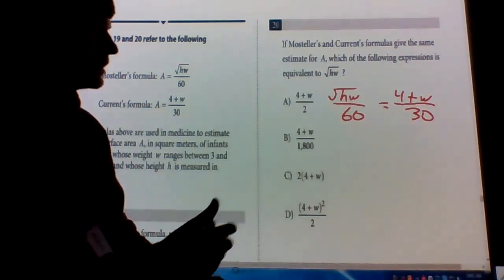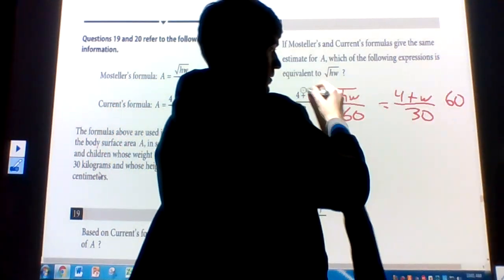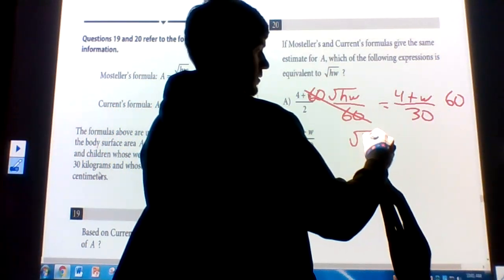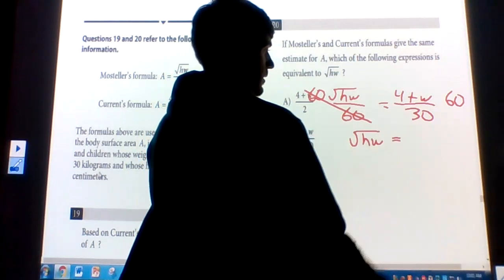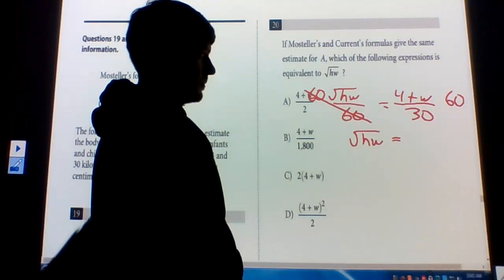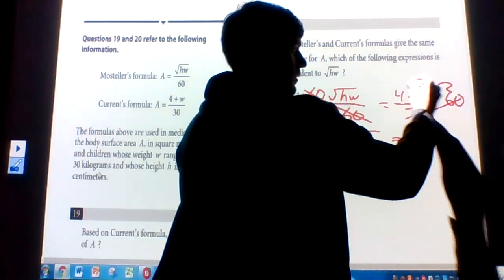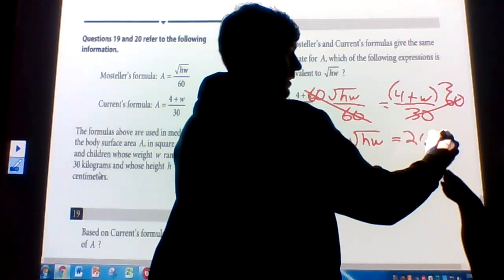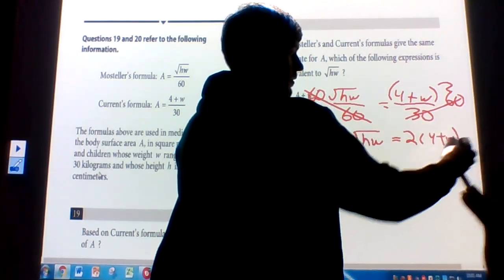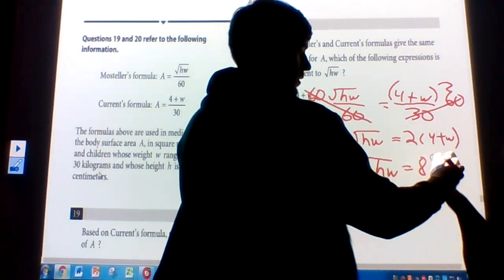Okay, multiply both sides by 60. Okay, you're left with square root of HW. And that becomes a 2. Remember, this has to be in parentheses, so you really have 2 times 4 plus W. So the square root of HW is really going to be 8 plus 2W.